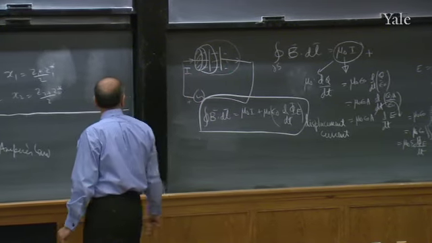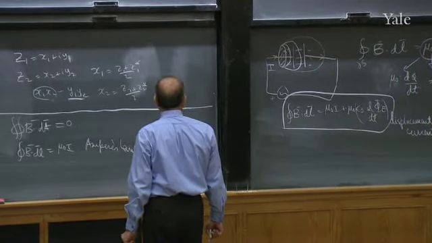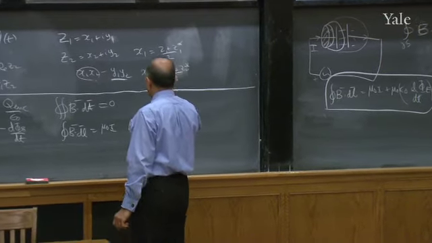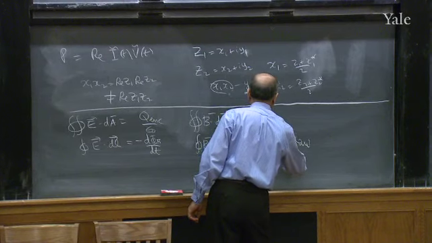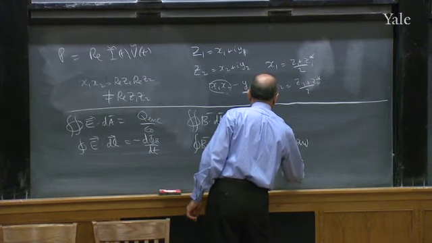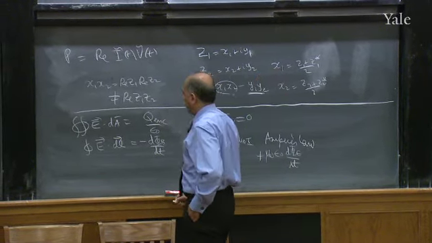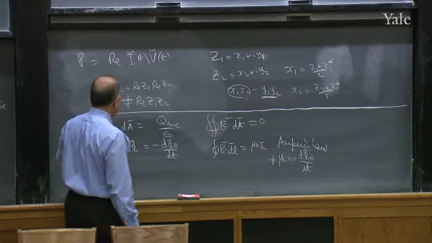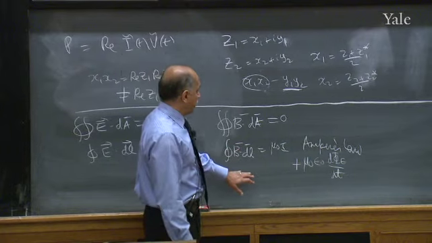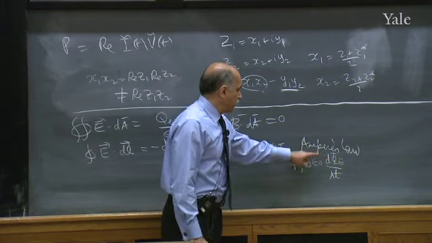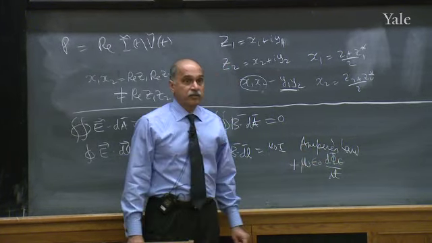Therefore, the last Maxwell equation, the Ampere's law, is going to be modified with an extra term, mu 0 epsilon 0 d phi electric dt. And it has a nice symmetry now that the line integral of the electric field is the rate of change of magnetic flux. The line integral of the magnetic field contains a rate of change of electric flux. It's got other stuff, but it's got that extra term.